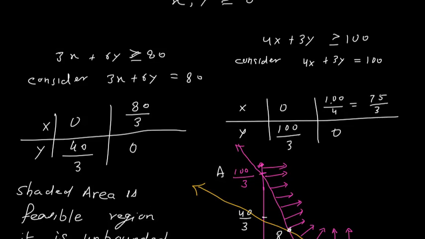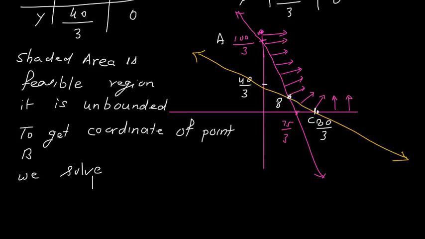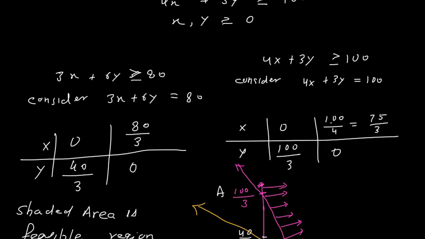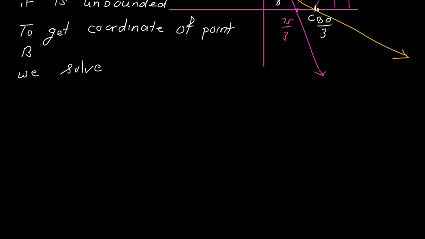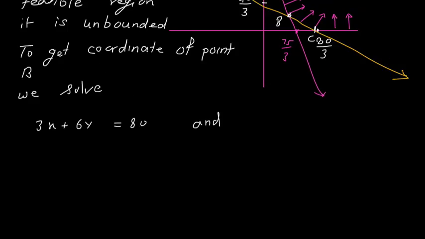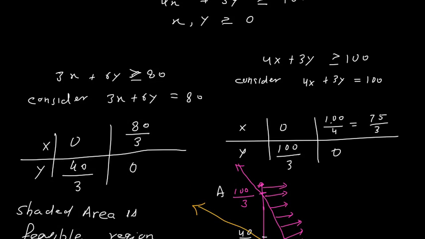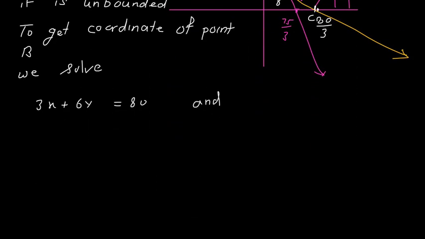One is 3x plus 6y equal to 80, and 4x plus 3y is equal to 100.